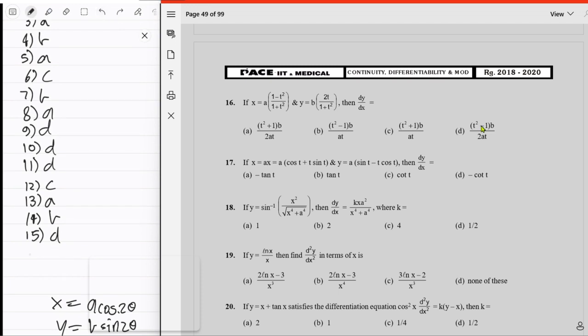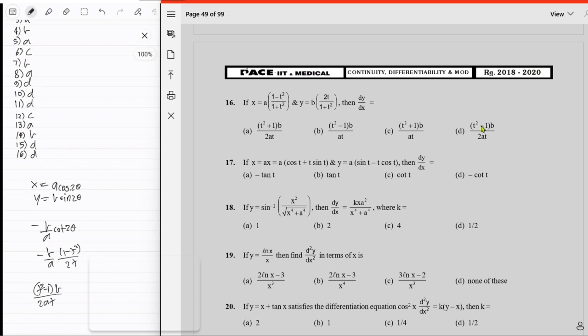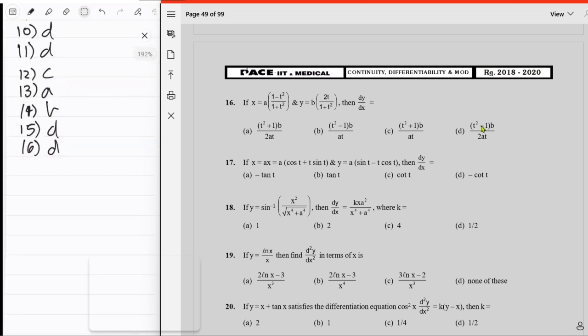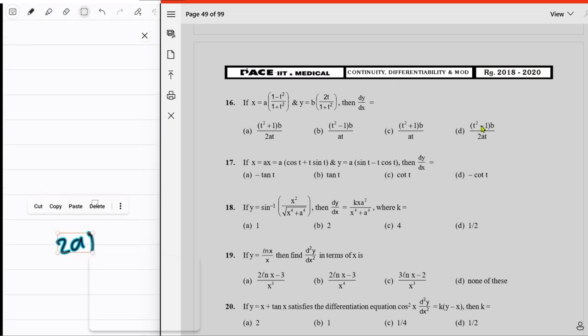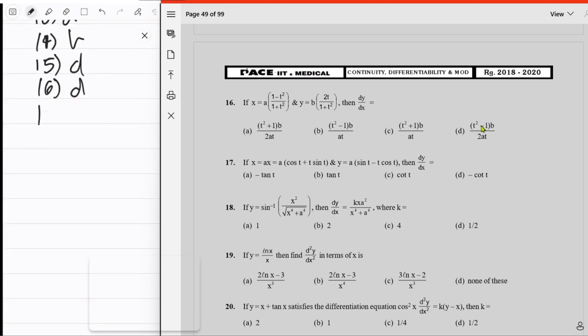Next question. That's 16th, D. 17th. 17th is if x is equal to ax is equal to a times what? Seriously, what is this? That just means a equal to 1, right? I think this ax was not supposed to be here.